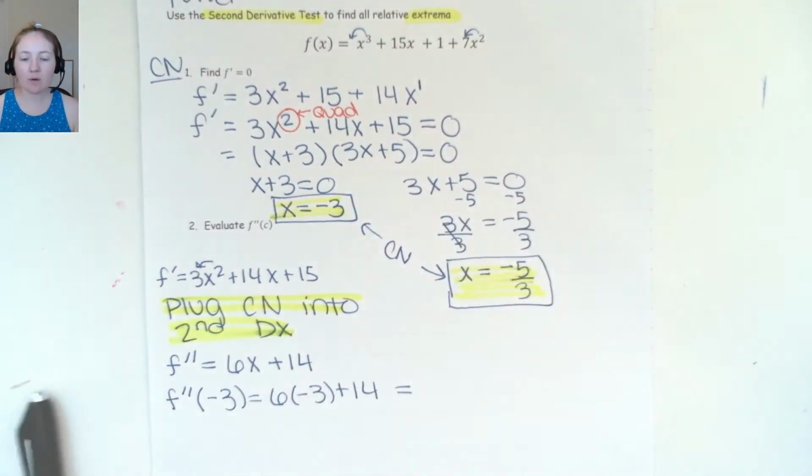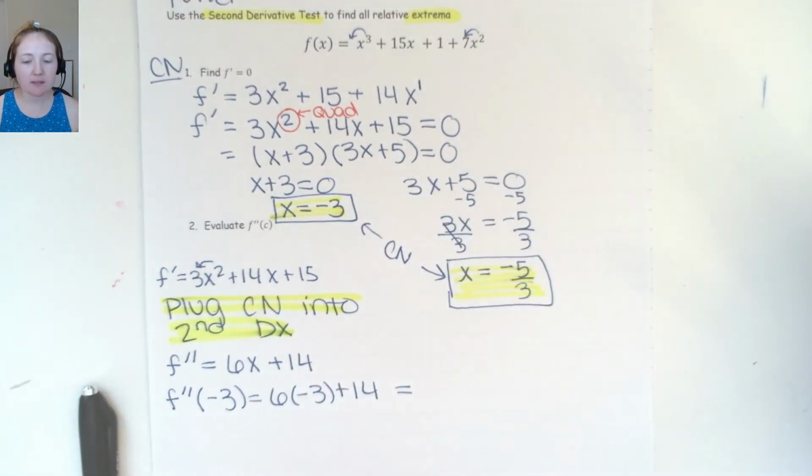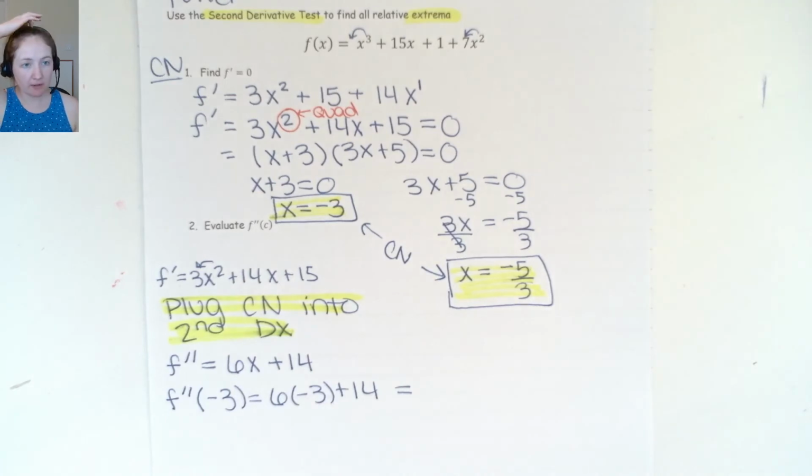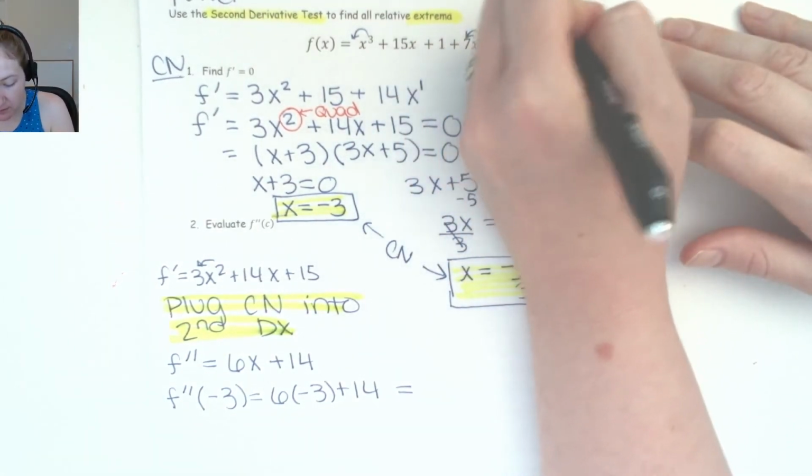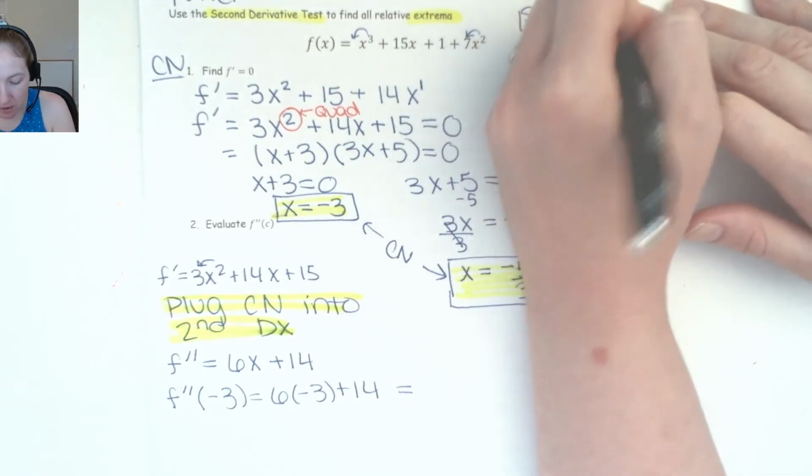and one thing I want to say about this, sometimes people get really hung up on the fact that it's negative 4. Think about if you get a COVID test, they just tell you you're positive for COVID or you're negative for COVID, right? They don't actually tell you what your viral load is in the COVID test. So I always like to think about any sort of test you have, whether it's the first derivative test or the second derivative test.